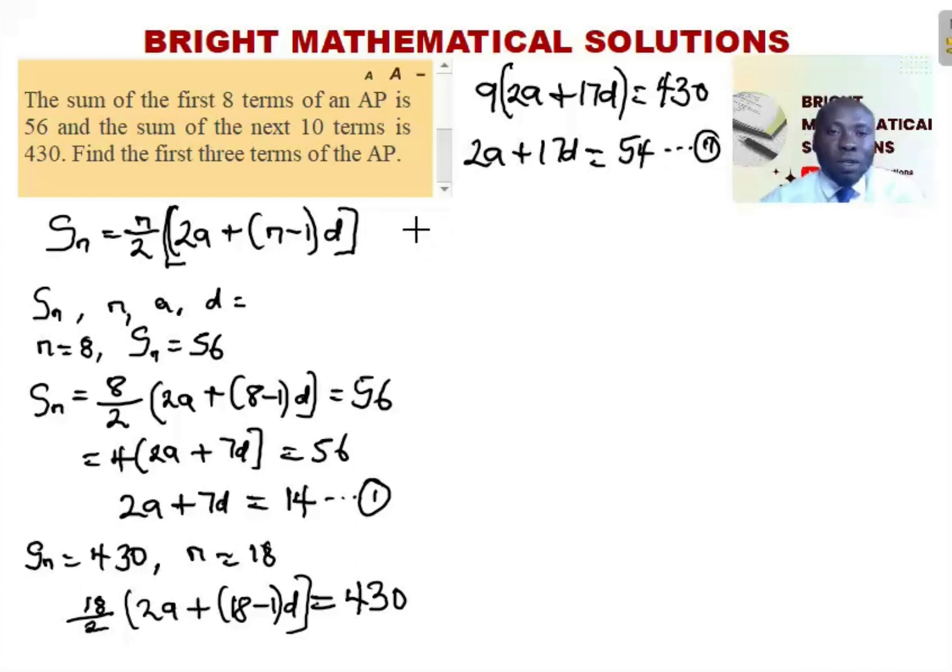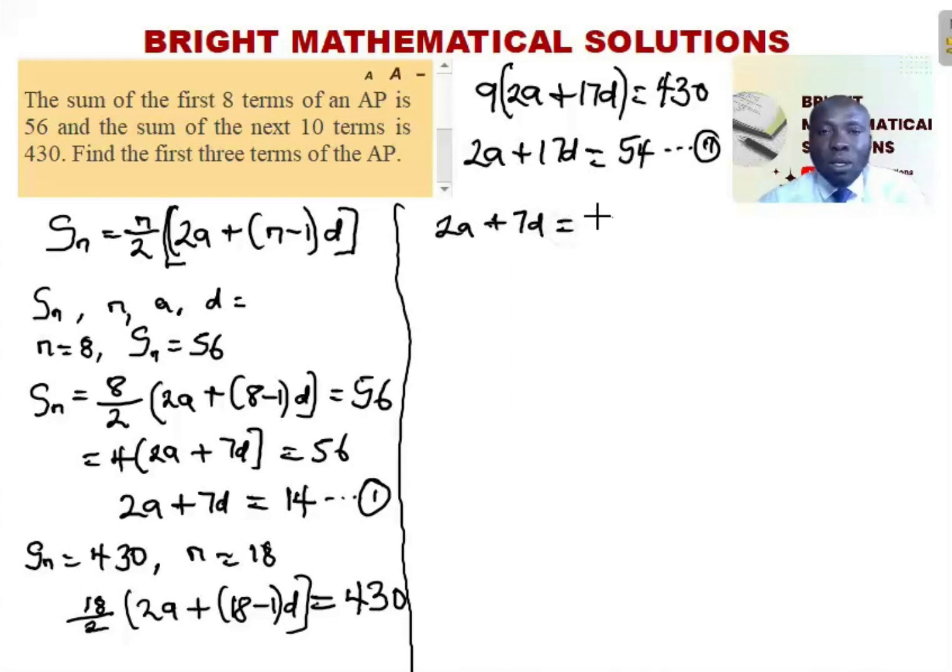Now we can solve equation 1 and equation 2 simultaneously, such that we get the value of a and d. Our equation 1 is 2a plus 7d equals 14, and our equation 2 is 2a plus 17d equals 54.